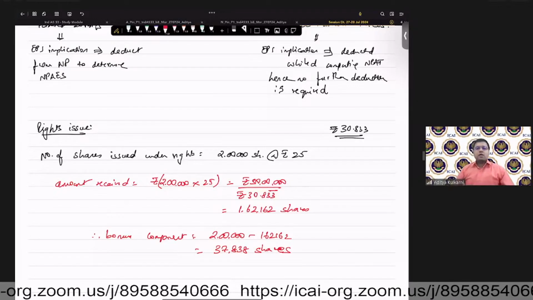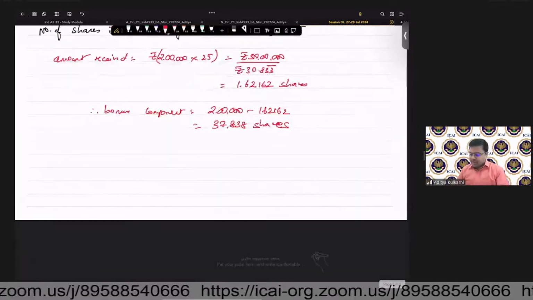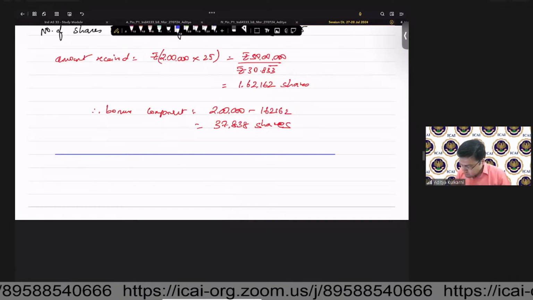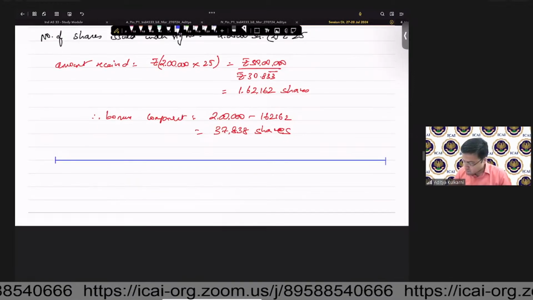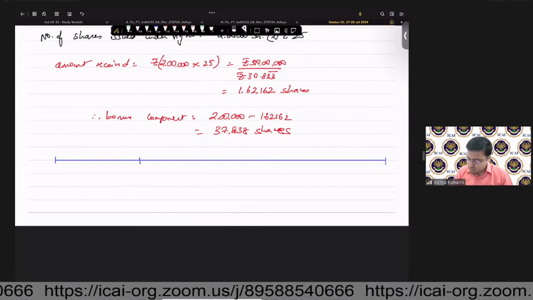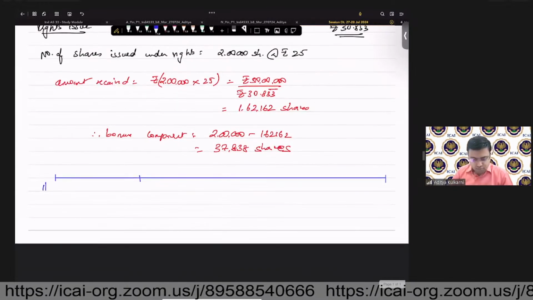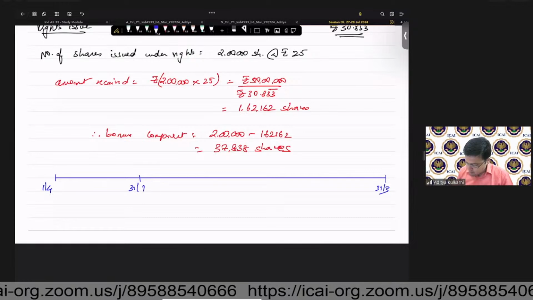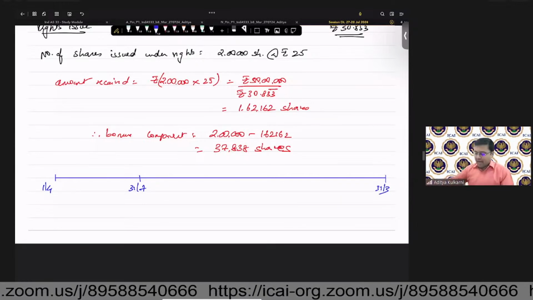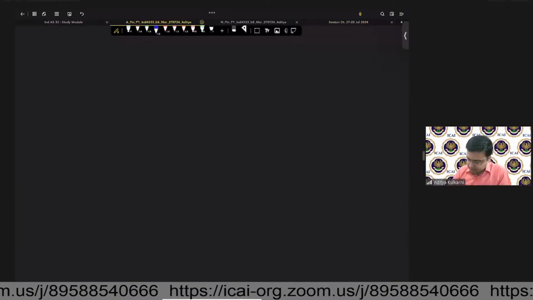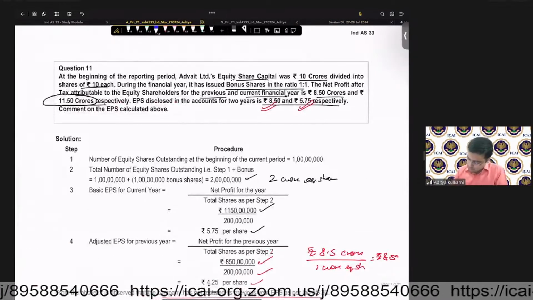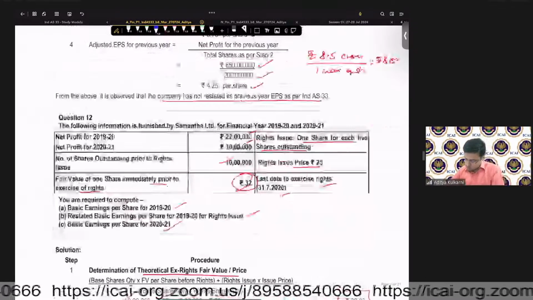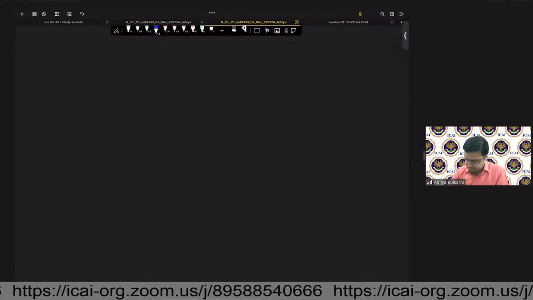Because now it is very simple. It is like saying, this is 1st April, 31st March, 31st July. I had 10 lakh shares in the beginning.